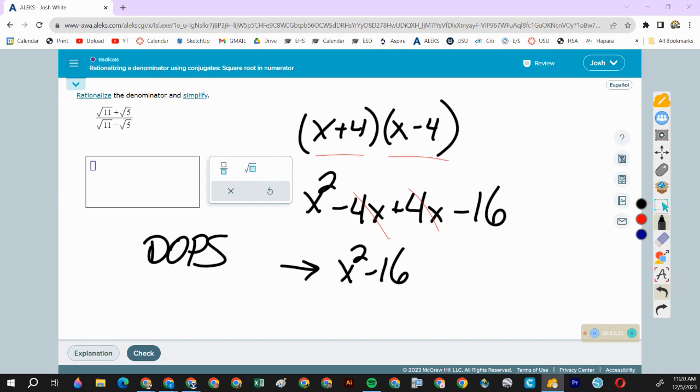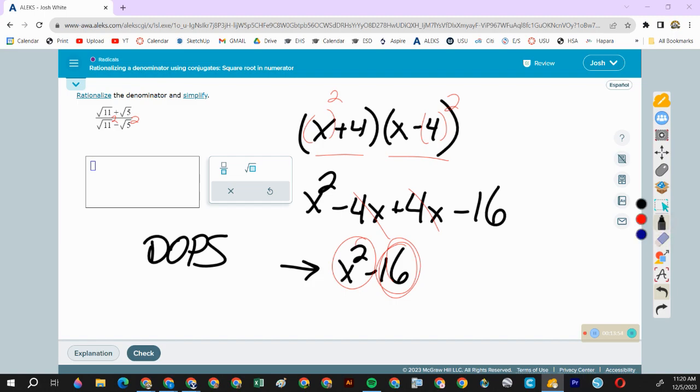Okay? And notice, this is just x squared, and this is just 4 squared, which is going to be really handy in this case, because over here, if I square the root 11, then the radical goes away. If I square the root 5, then the radical goes away. But what about the stuff in the middle? It will cancel as long as I use a conjugate.